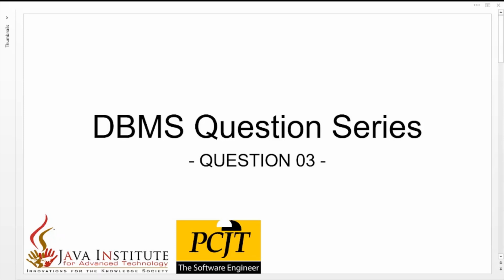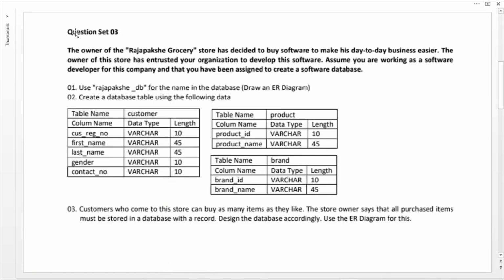So let's get into our question. As you guys know, I'm doing this series based on question sets. So this is the third question set. The question says, the owner of the Rajapaksha grocery store has decided to buy software to make his day-to-day business easier.